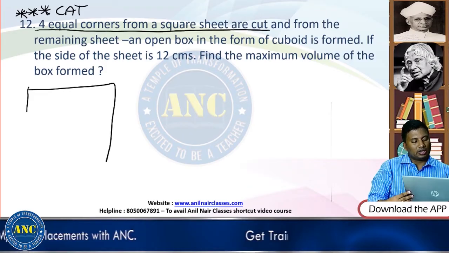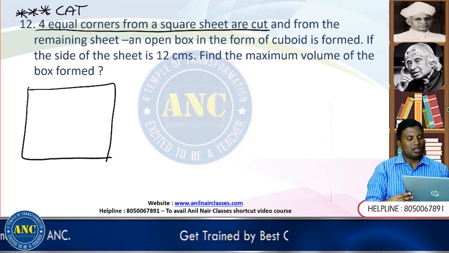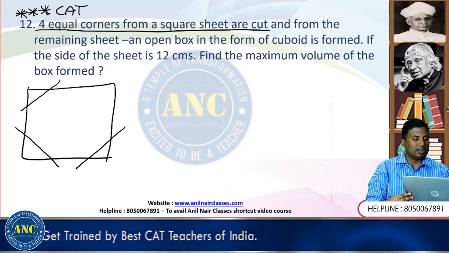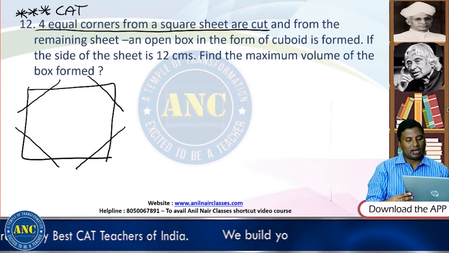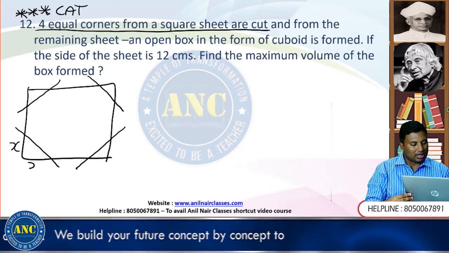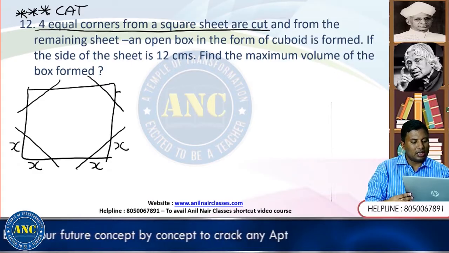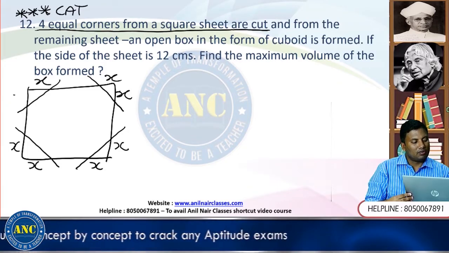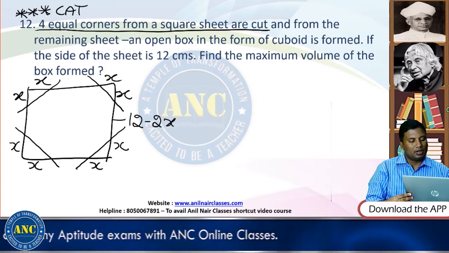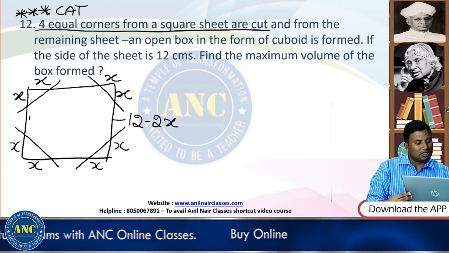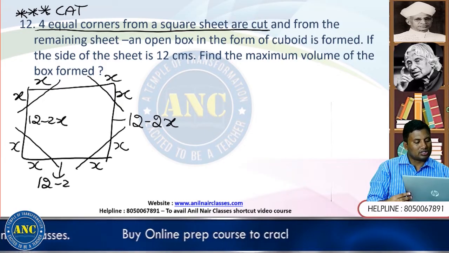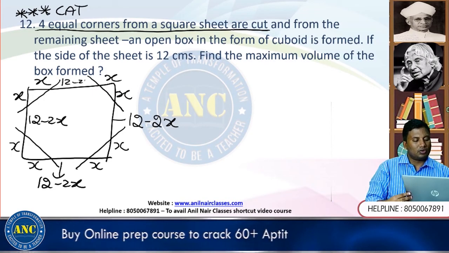There is a square sheet, and 4 equal corners, x, x, x, x, are cut. So the remaining sides are nothing but 12 minus 2x, because the side of the square is 12.